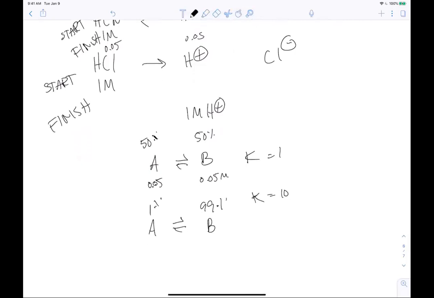So if you started out with an initial of 1 molar, 0.1 molar, at equilibrium, here you would have 0.1 times 0.01.